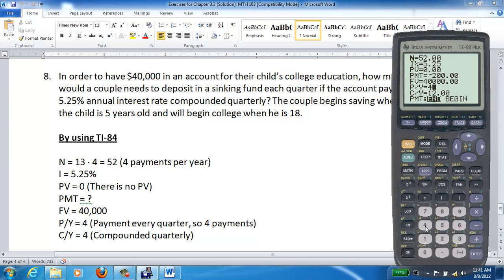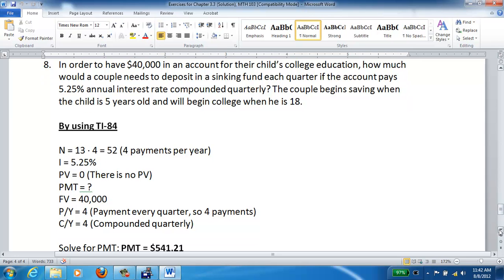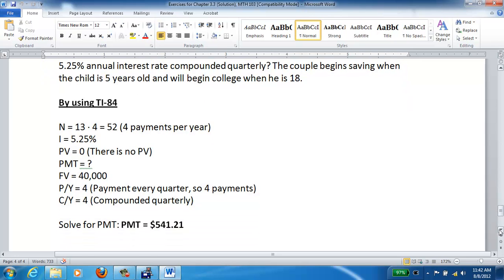P slash Y will be 4 now, quarterly, C slash Y will be 4. So the payment that they have to make every 3 months, 4 times per year, will be $541.21. And this is the payment, $541.21.